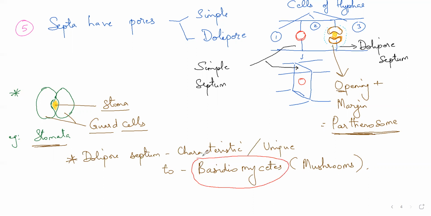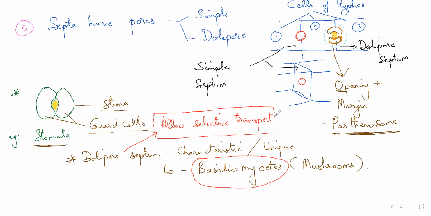Basidiomycetes में ही होते हैं और किसी में नहीं होते. Now, these dolipore septa allow selective transport. All substances cannot move across this kind of opening. These allow selective transport. Okay.